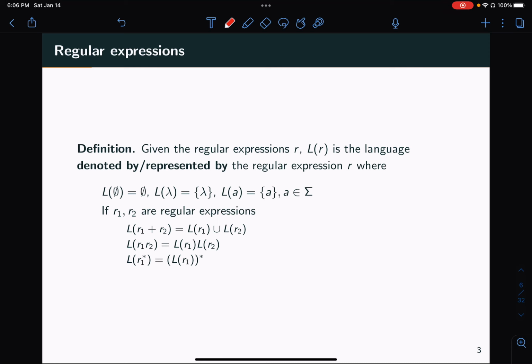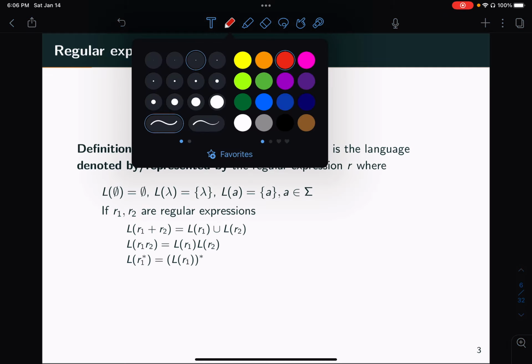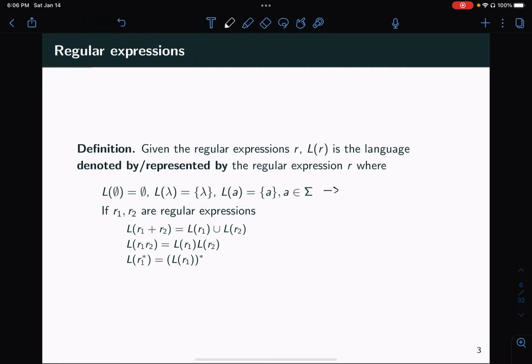And the way you can do this is also in a recursive manner. So we have the languages denoted by the primitive regular expressions. For the regular expression which has the symbol empty set, the language described by this regular expression is the empty set, okay?